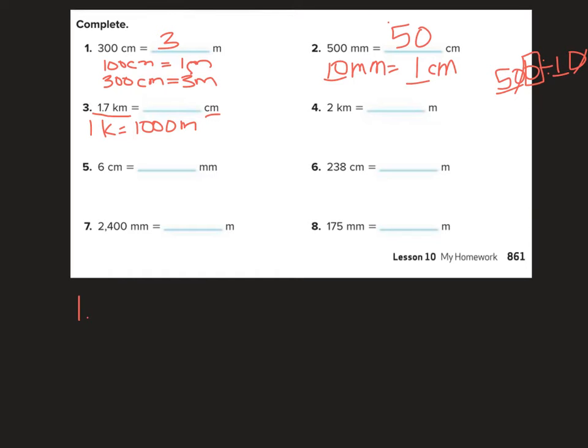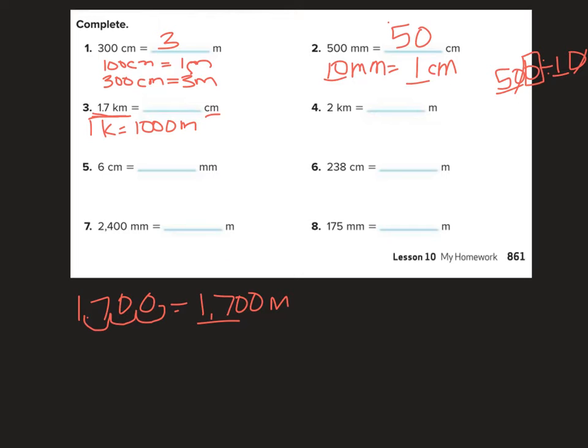So if I take 1.7 and I times it by 1,000, that means I'm moving my decimal 3 spots to the right. 1, 2, 3. So I'm getting the answer of 1,700 meters would be the same as 1.7 kilometers. Notice the 1 and the 7 don't change because we're just changing the location of the decimal point.